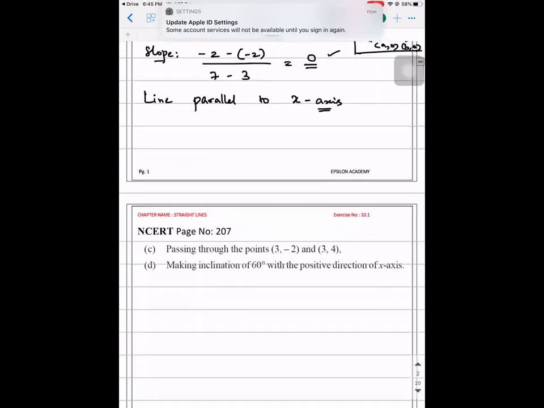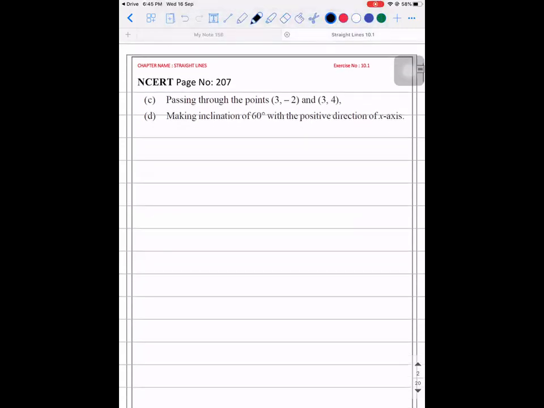Yes, sir. Good. So solve this problem, see. 4 minus of minus 2. I'm directly writing it, okay? 3 minus 3. Answer will be infinity. So slope of which line is infinity?